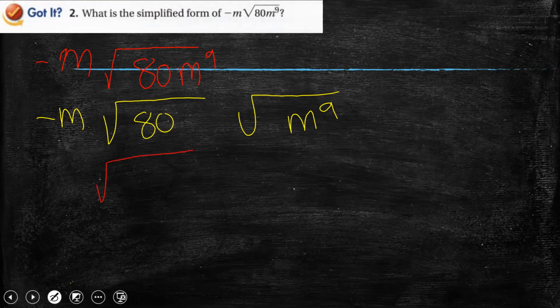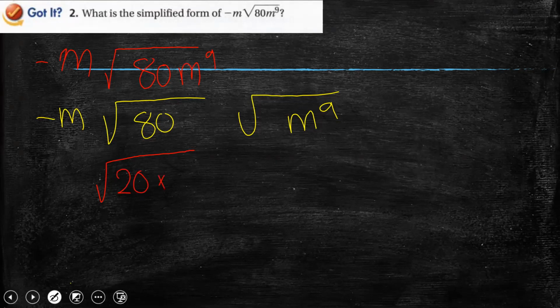Now give me a greatest perfect square that if you multiply it by another number, you get 80. So can you use 8 multiply 10? But 8 is not a perfect square and 10 is not a perfect square. 40 and 2? 40 is not a perfect square also. 4 and 20?